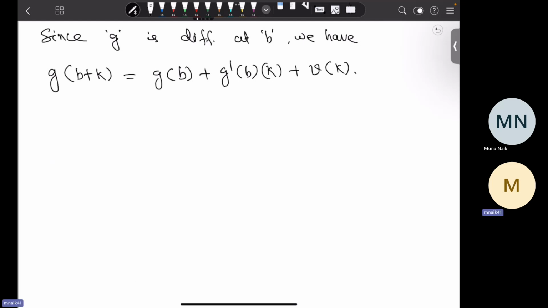What is the condition on K? The limit as K tends to 0 of the norm of ψ(K) by norm of K is 0. Okay, this is clear.